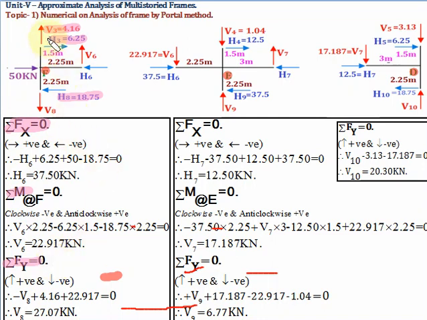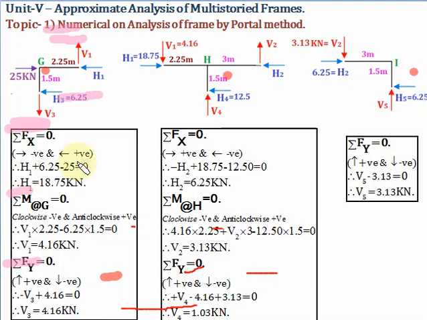Now here, V3 and H3: H3 was acting towards the left-hand side and V3 is acting down.